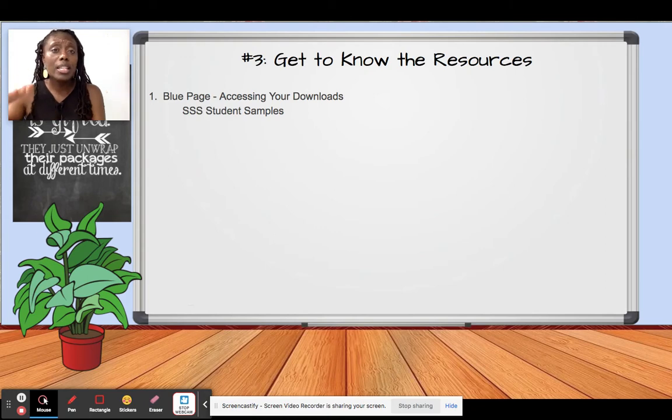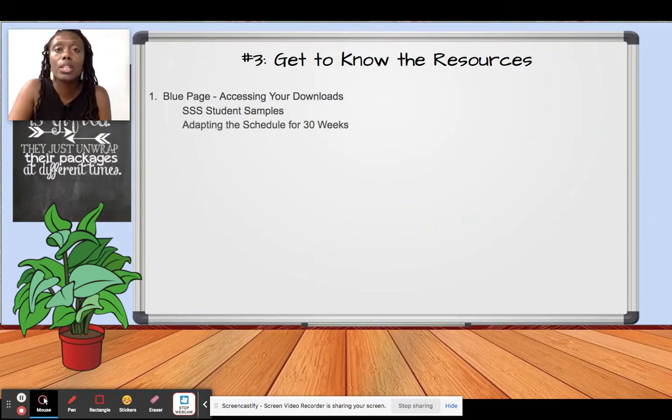For every single lesson or paper that your student will write, they provide student samples. Now, those student samples, they will show you how to access them, but they'll be accessed through your IEW account. You'll have to go into IEW.com, log in, and you should be accessing that. If you've registered through a charter school, I'm not sure if they give you the teacher resources, but if they do, you'll see the blue page.